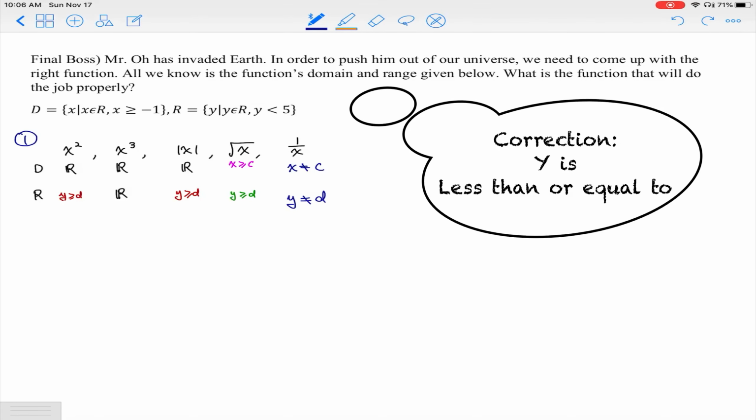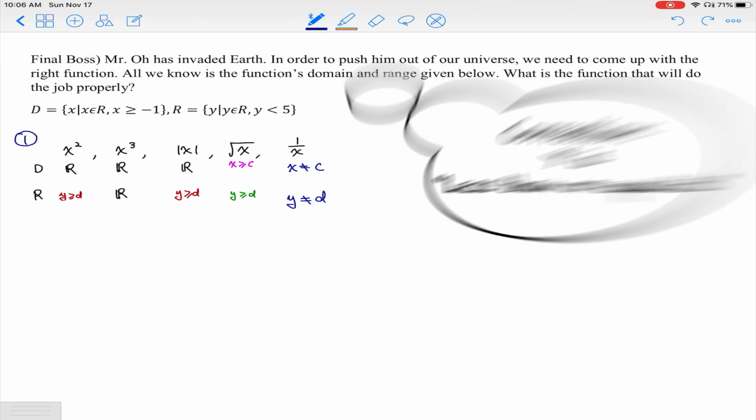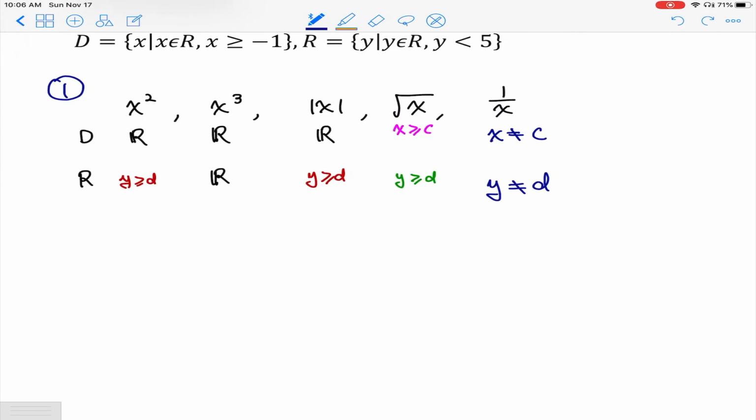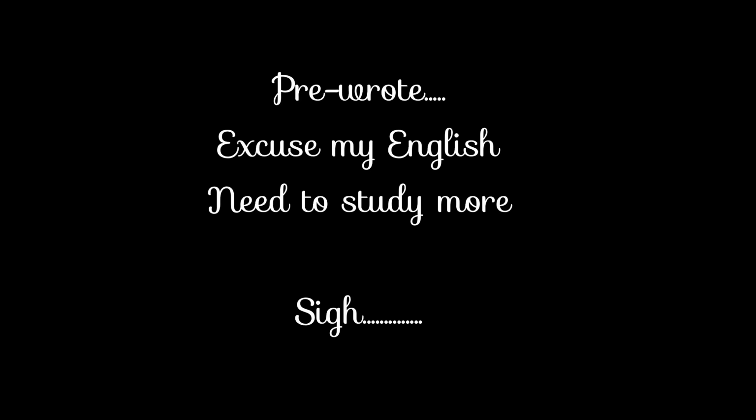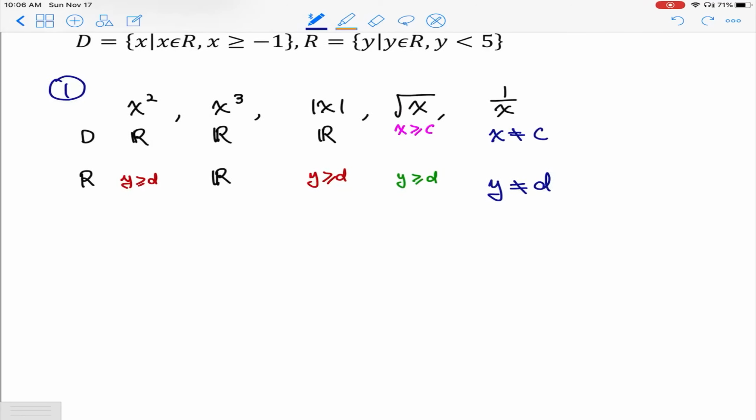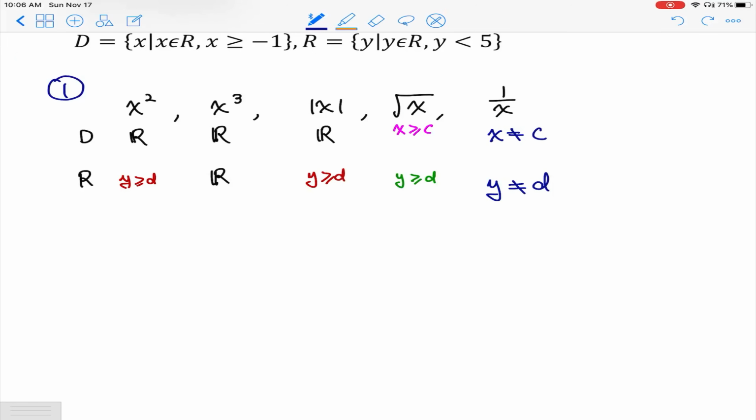Again, as I said in stage 2, the first thing that you have to do is to come up with what parent function you're going to be using. So here I just pre-wrote the parent functions and their domain and range.